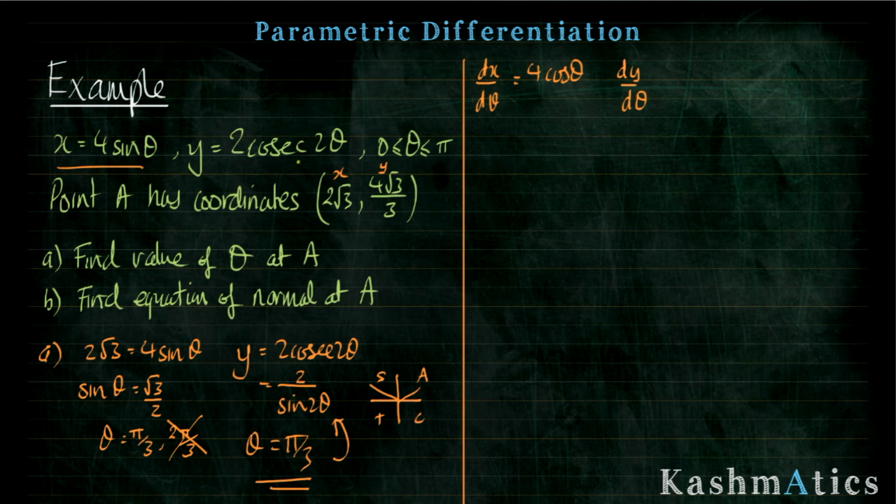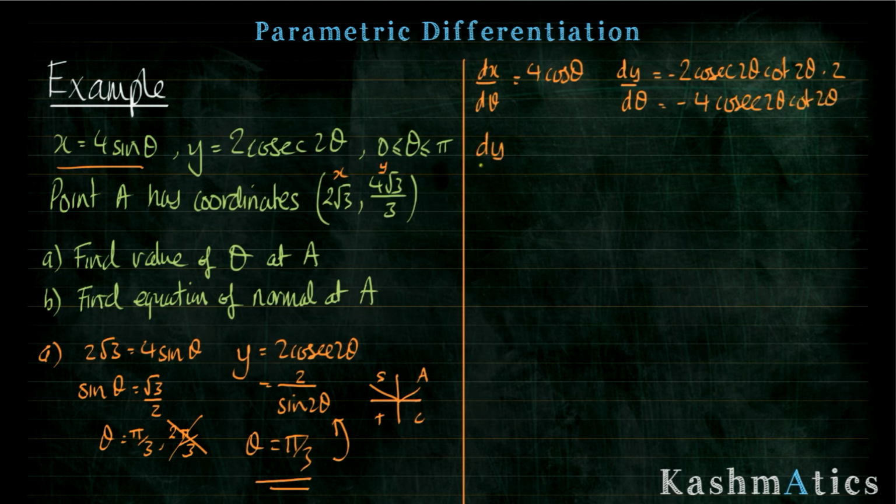Now I've got cosec here. Cosec becomes minus cosec x cot x. So in this case, it'll be minus cosec 2 theta cot 2 theta. But then because of the 2 theta, I need to multiply by 2 as well. So that would be minus 2 cosec 2 theta cot 2 theta multiplied by 2, which is minus 4 cosec 2 theta cot 2 theta.